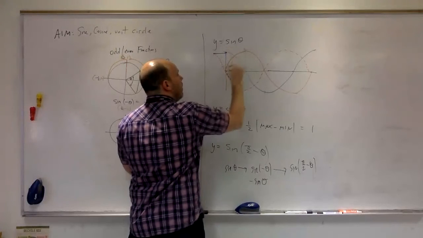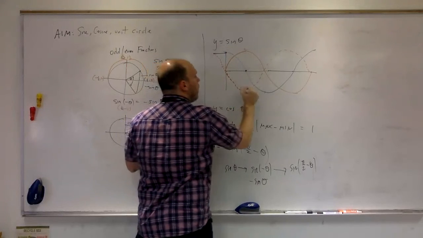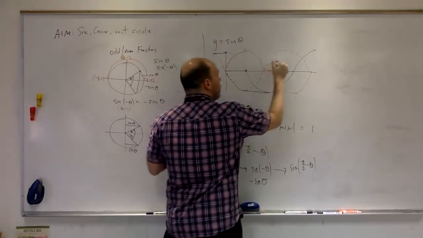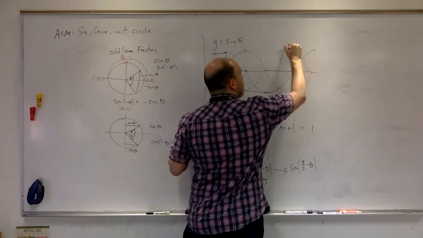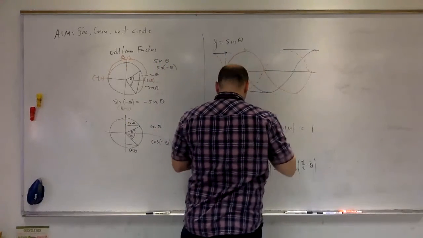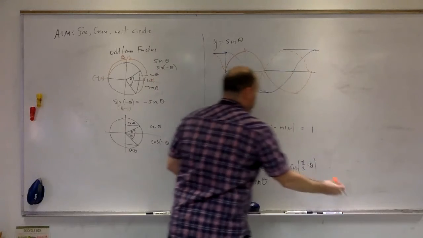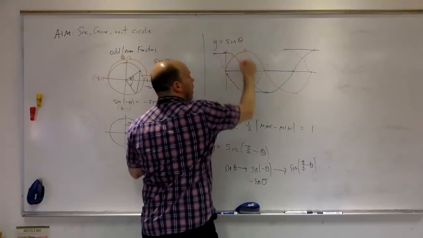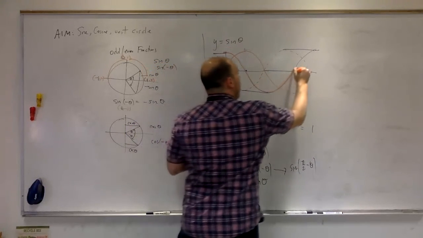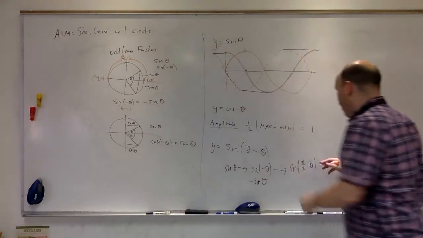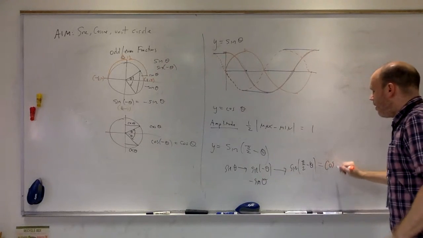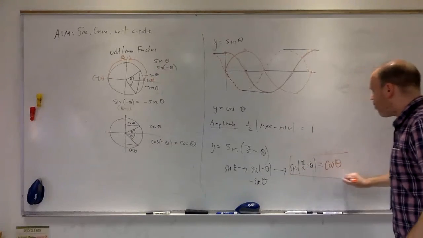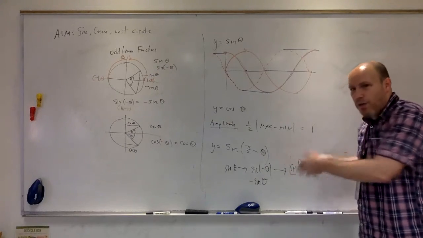This goes here, and this goes here, and this goes here, and this goes here, and this goes here. And you notice that the final transformation is cosine. And this is another proof.